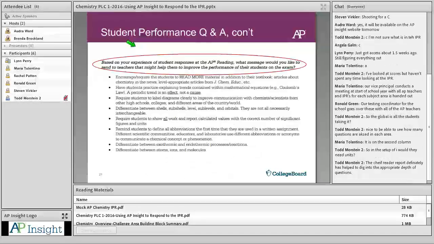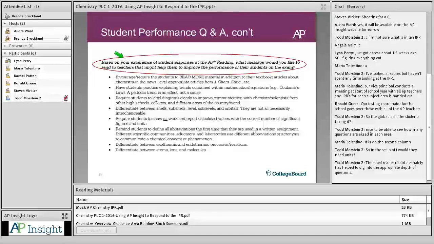And again, it will continue on, and that's going to tell you some of the things that you as a teacher might want to improve on as well. So again, these are all things that you can find on the College Board website.